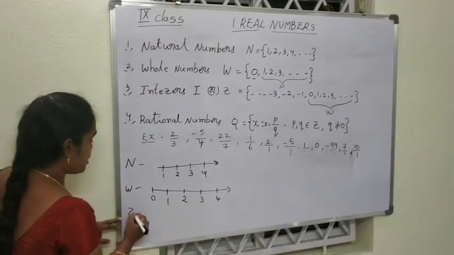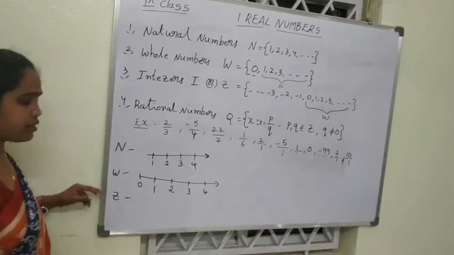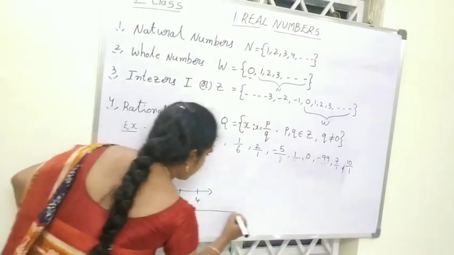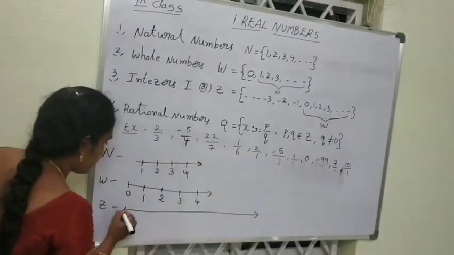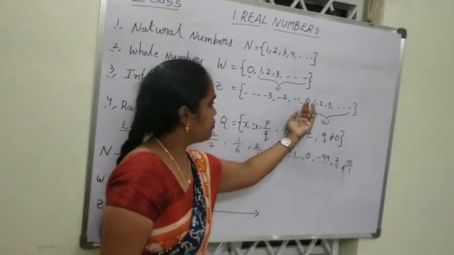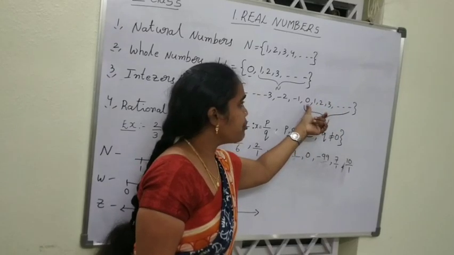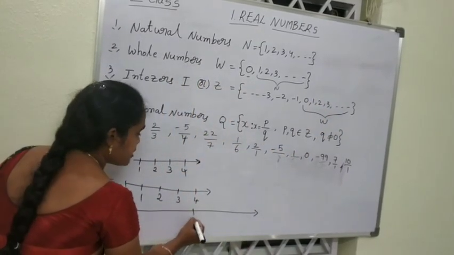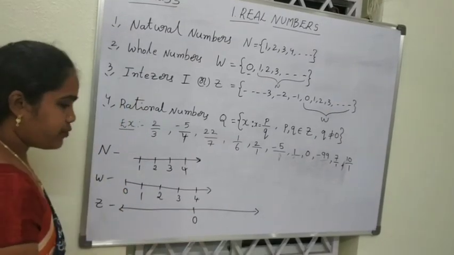Integers. How to show integers on the number line? So take a number line. Now here, 0 left is negative, 0 right is positive, and the center is 0. So first you take the center. So what is this? 0.